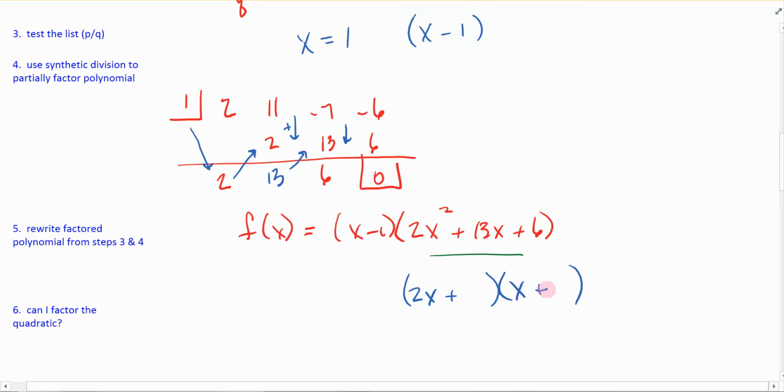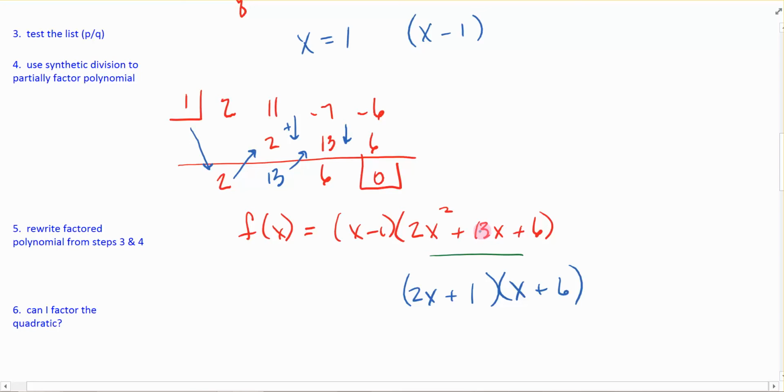So I'm looking for the factors of 6 that will combine with a 2 to add together to give me 13. And so I'm going to try just a 6 and a 1. And then when I check my outer term and my inner term to make sure that gets me the middle, I get plus 12 plus 1 gives me back the 13.